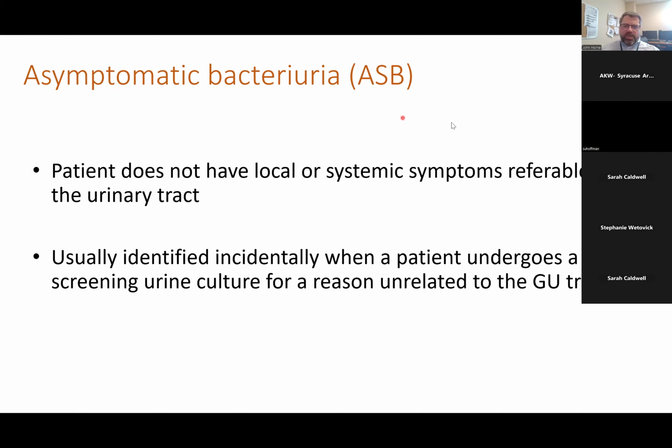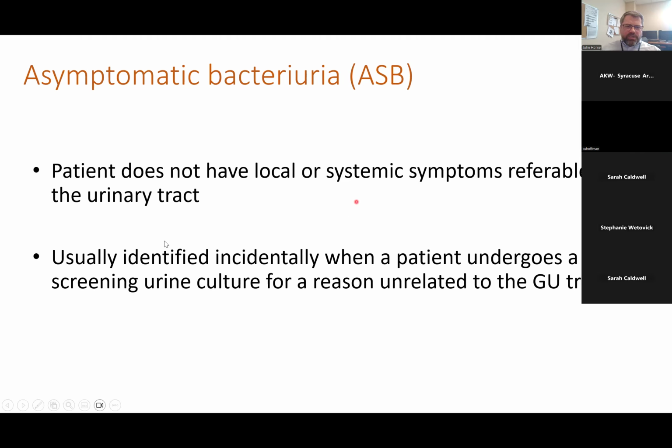Because giving the antibiotics, sometimes we'll get people that have C. diff, and then we look back on why they got the antibiotics, and it was probably for an asymptomatic bacteriuria. So it can get complicated once they start getting antibiotics and having additional issues.